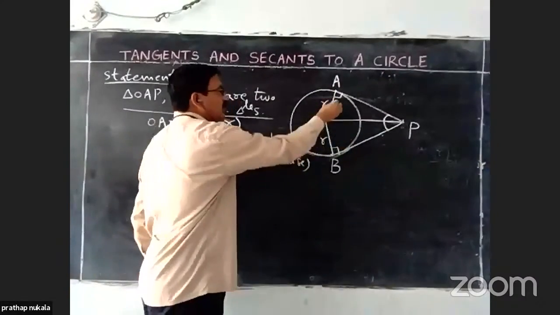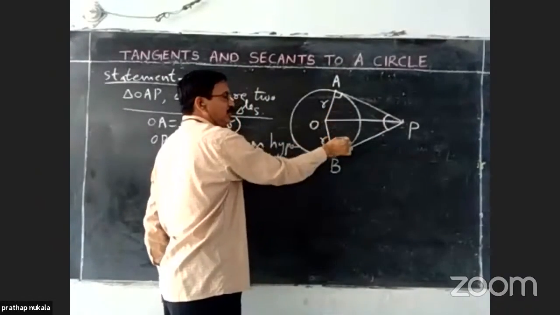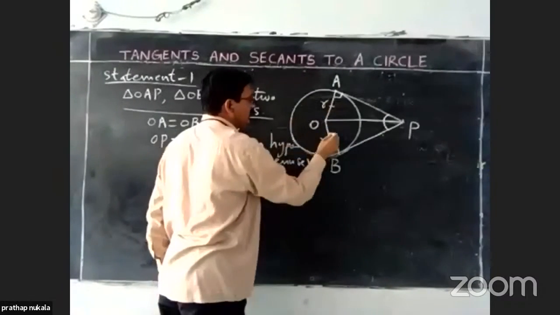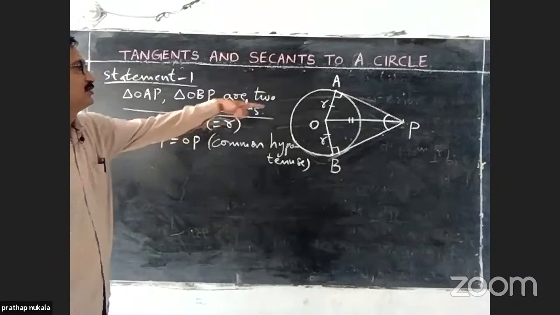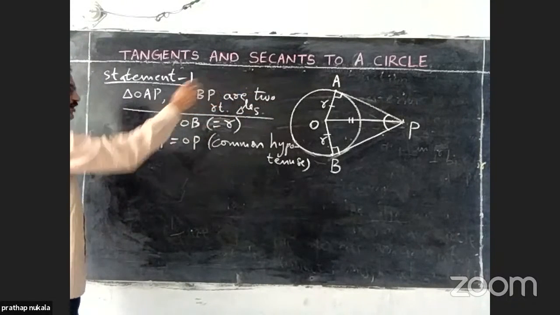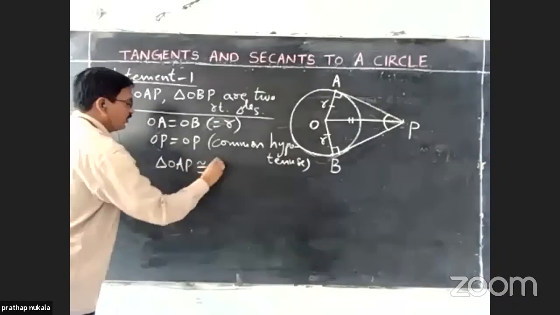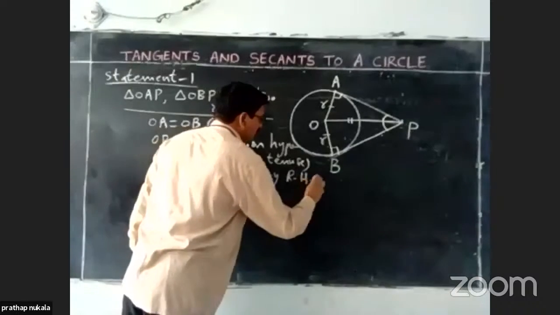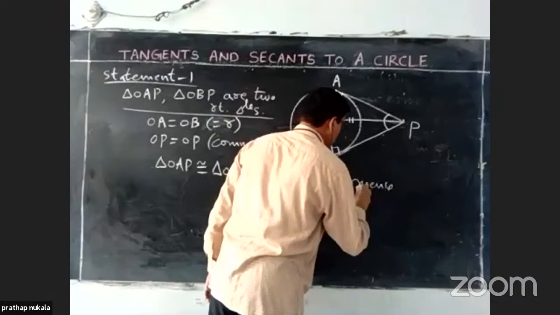In these two triangles, OP is the hypotenuse of the upper triangle and also the hypotenuse of the lower triangle, so OP is common. By the RHS congruence rule, triangle OAP is congruent to triangle OBP.